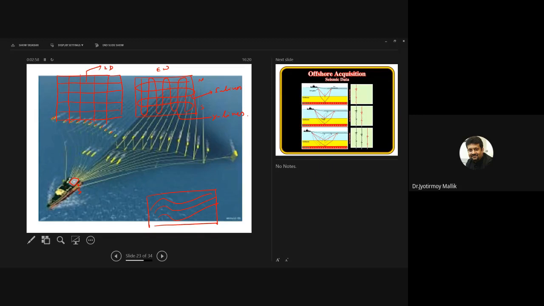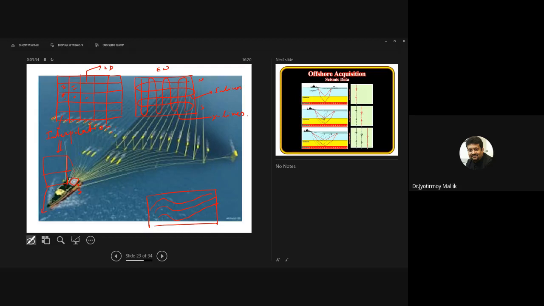So to fill up this data gap, you can use high power computing and algorithms to do interpolation, where I don't have any data. If I do interpolation, from this 2D survey I will come up with a 3D volume where I have data everywhere, so there is no data gap.